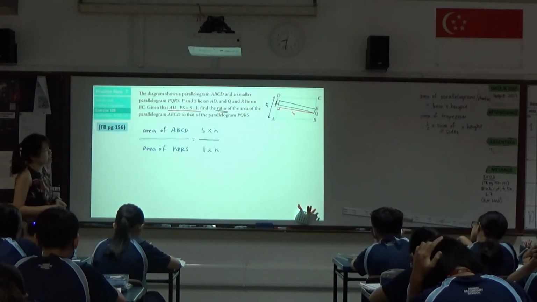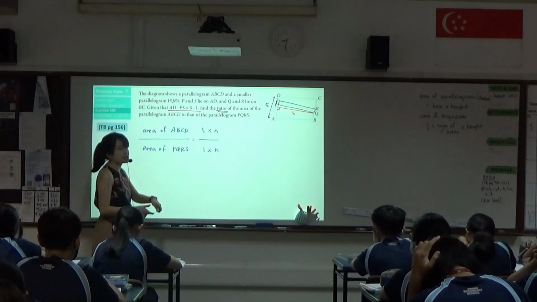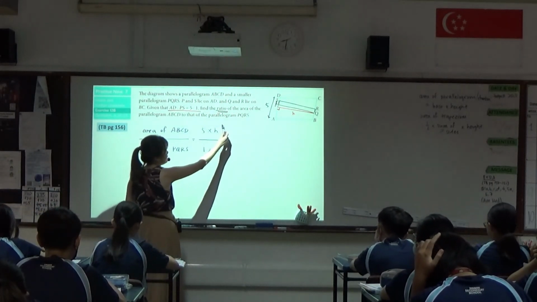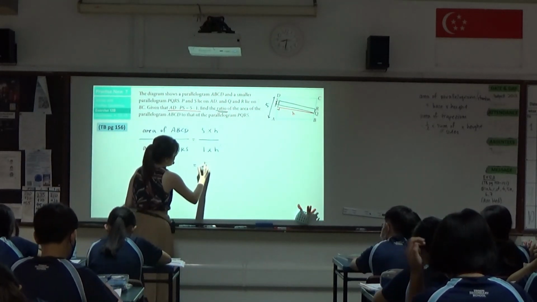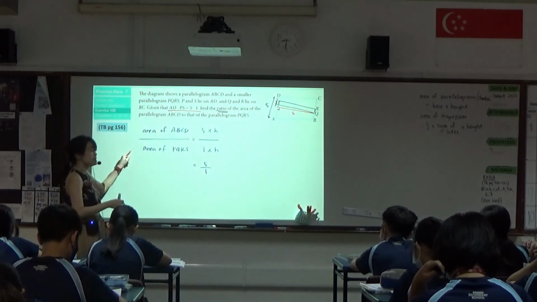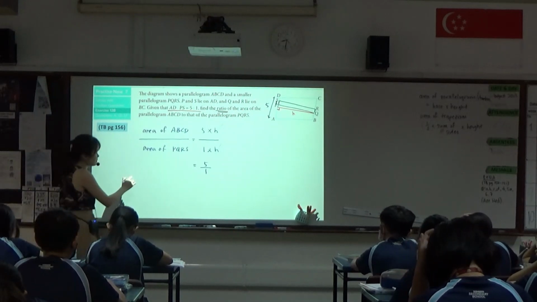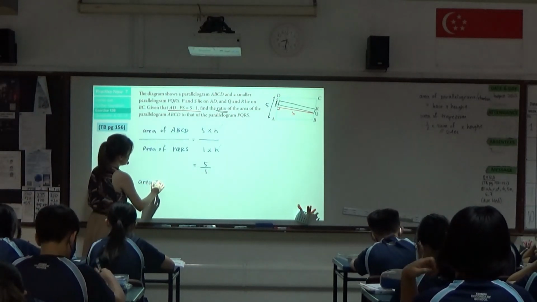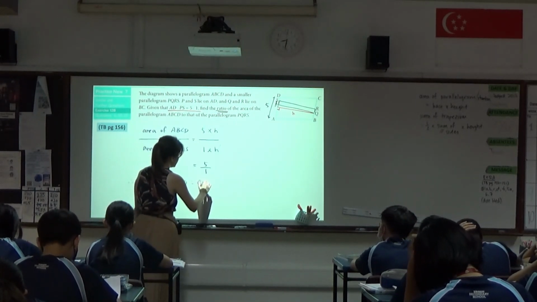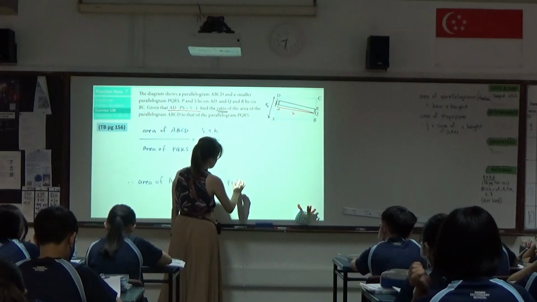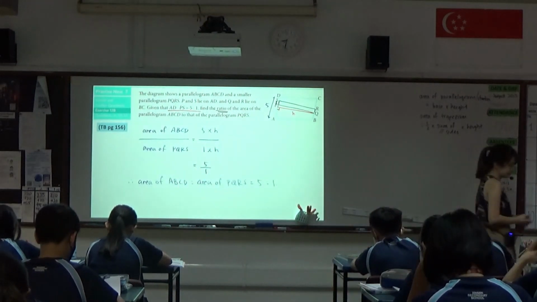Why is it that I choose to represent it in a fraction form first? It is because in a fraction form, I know that I can conveniently divide away the h such that my ratio, my fraction, simplifies to 5 over 1, or 5 whole, which explains why the eventual ratio will be 5:1.